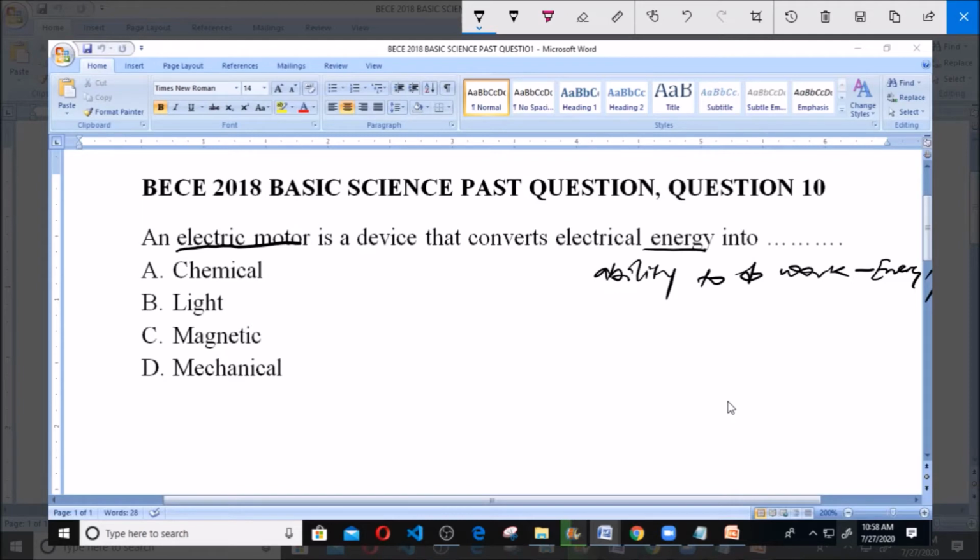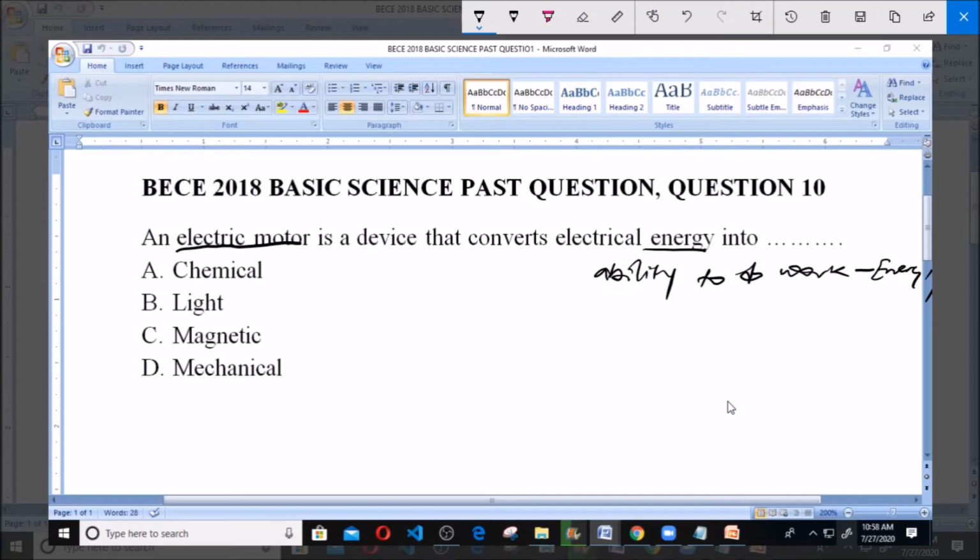It uses electricity to power the coil in it, the magnetic coil, thereby causing this coil to rotate.